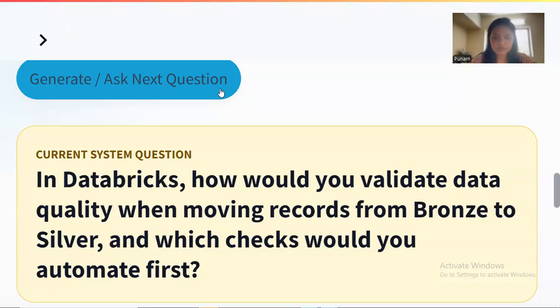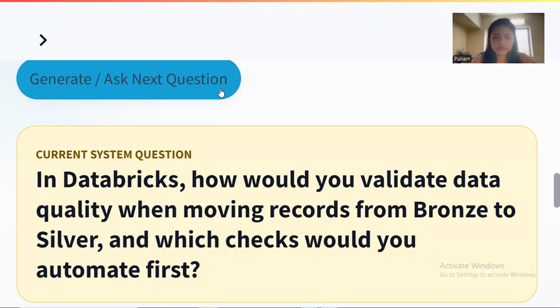This is the first thing I will check, and after that I will check the data type, basically the schema in the silver, so that the data types are the same in both layers. These are the checks I will do in order to check the validity and quality.